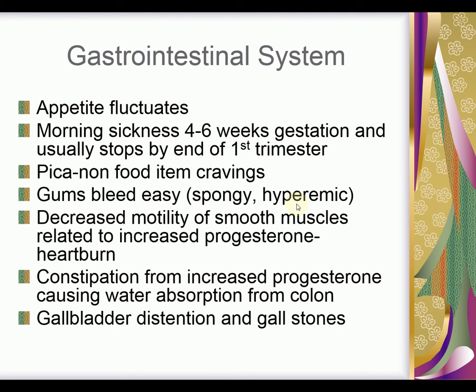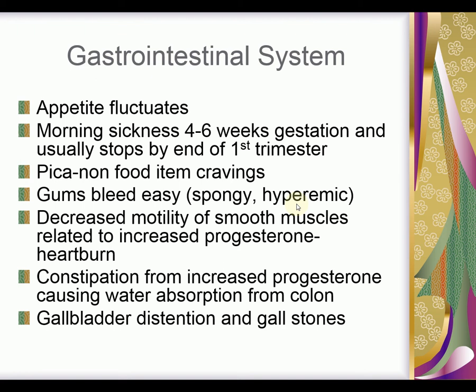Your gums are going to bleed easily because they're spongy, and of course they have a lot more vascular supply. You're going to see a decrease of those smooth muscles, so you're seeing a decrease in your peristalsis. So when your peristalsis slows down, digestion slows down.